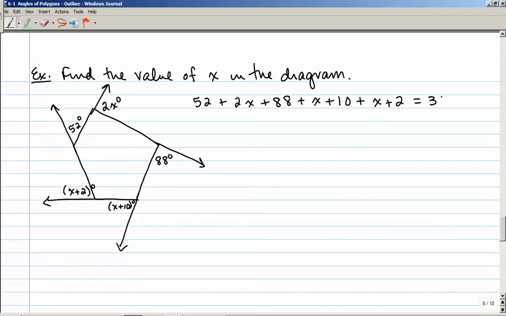Equals 360 degrees. And combining like terms, that gives me 4x plus 152 equals 360, or 4x equals 208, and dividing by 4, x is equal to 52. So again, all of the exterior angles of a polygon always add up to 360 degrees.